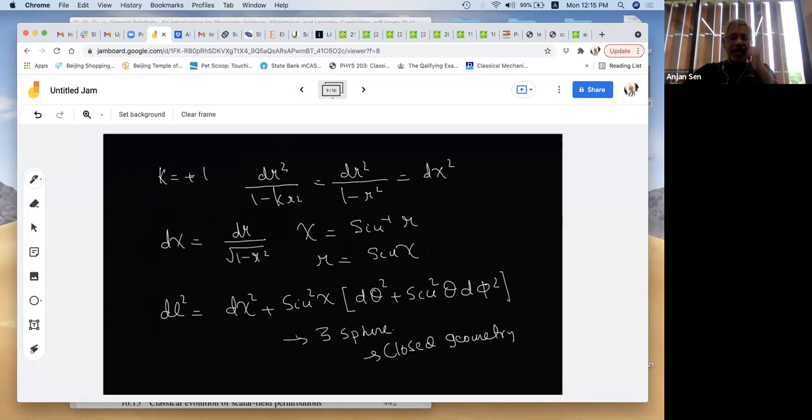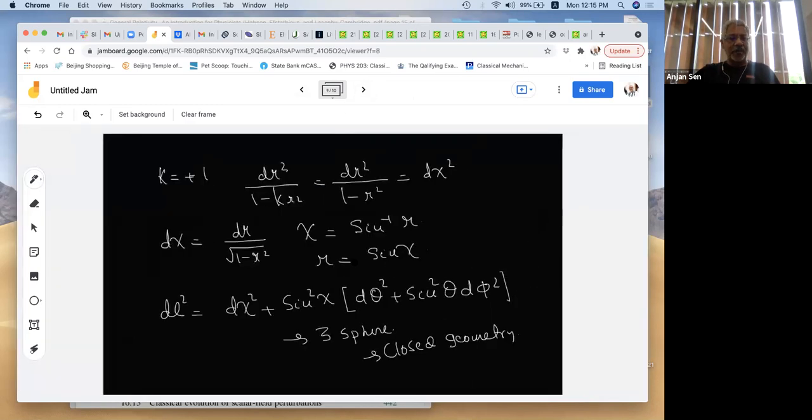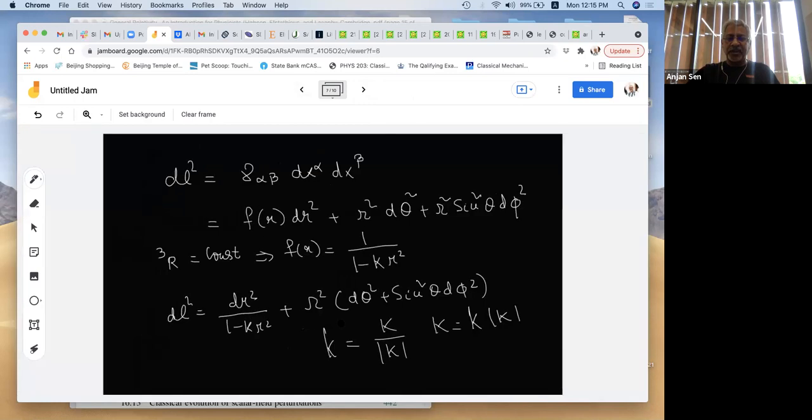And the important part over here, as you can see, this r is sine chi. So this r, that coordinate that we have, is not in a sense a distance coordinate, it's a periodic coordinate, an angular coordinate. In flat space, when I write this r, it goes from minus infinity to plus infinity.